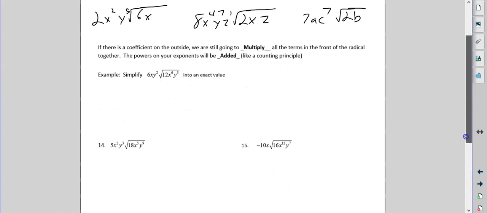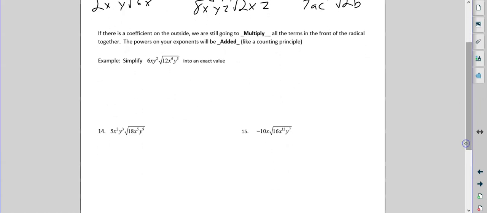Now, just like we said before, if there's a coefficient outside, we're going to multiply. But if there's letters outside, we add the exponents. So remember, this x here is a 1. So let's do it.